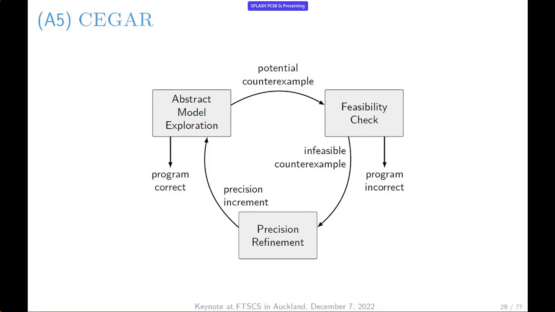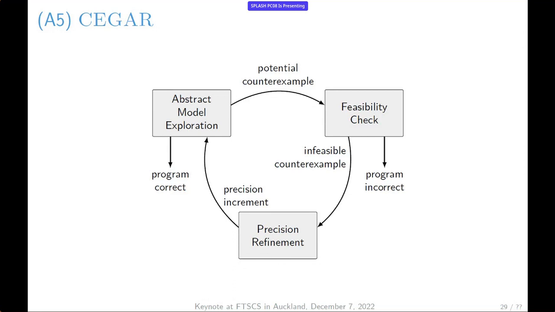But if it was due to the over-approximation, then what can we do? We have this infeasible counterexample, and we give it to another component, which we call precision refinement. And this precision refinement inspects the infeasible counterexample to learn from it some facts that we can use as a precision increment in the model exploration to not visit this counterexample again, right?